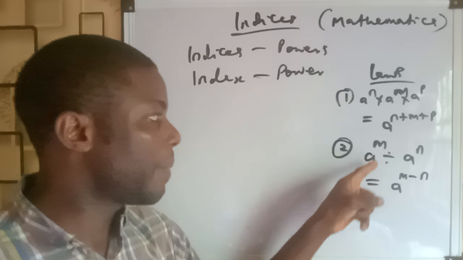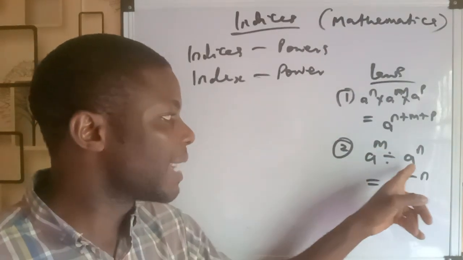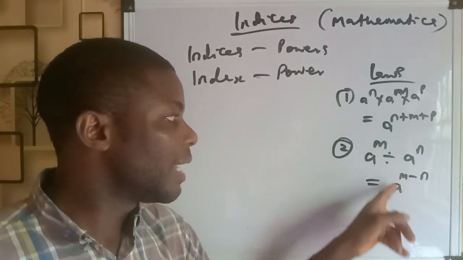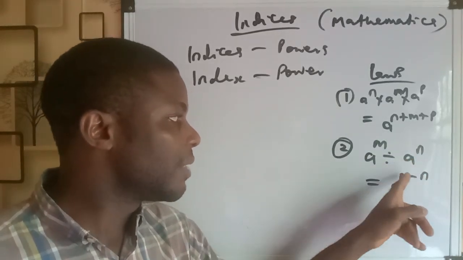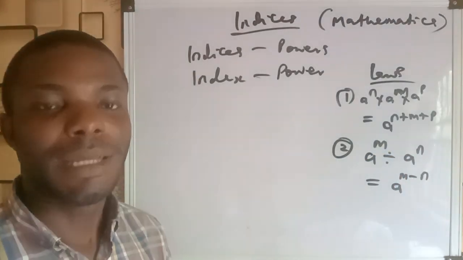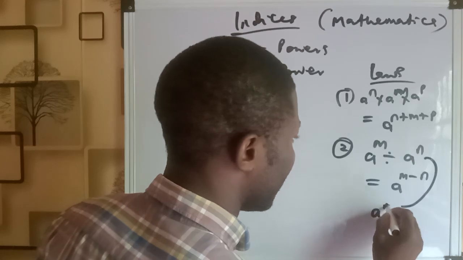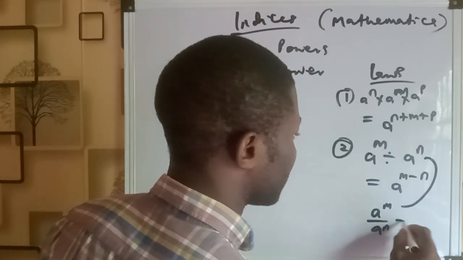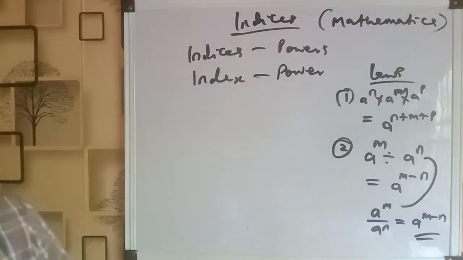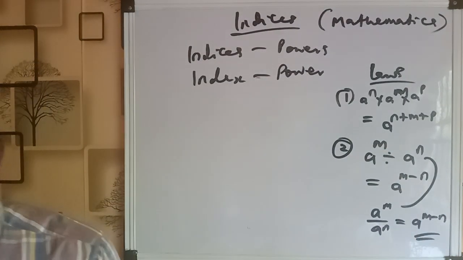As you can see here, a power m divided by a power n, the bases are the same, a and a, but the indices are not. So you collect one base, which is a, then you subtract n from m. You can put this like this: a power m over a power n equals a power m minus n. It's the same thing. So those two laws are essential to this question one that I'm about to solve with you now.